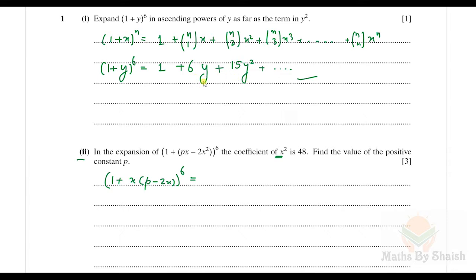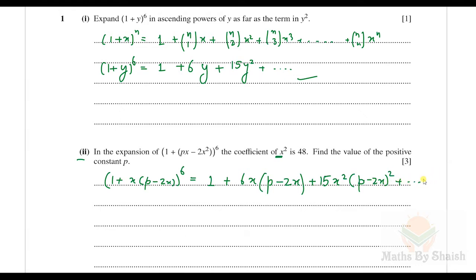So we are going to use this term here. It is y is x into (p minus 2x), and we can write it as 1 plus 6 times x into (p minus 2x) plus 15 into y, that is x square into (p minus 2x) whole square. Now the next term will be like 20 into x cube.